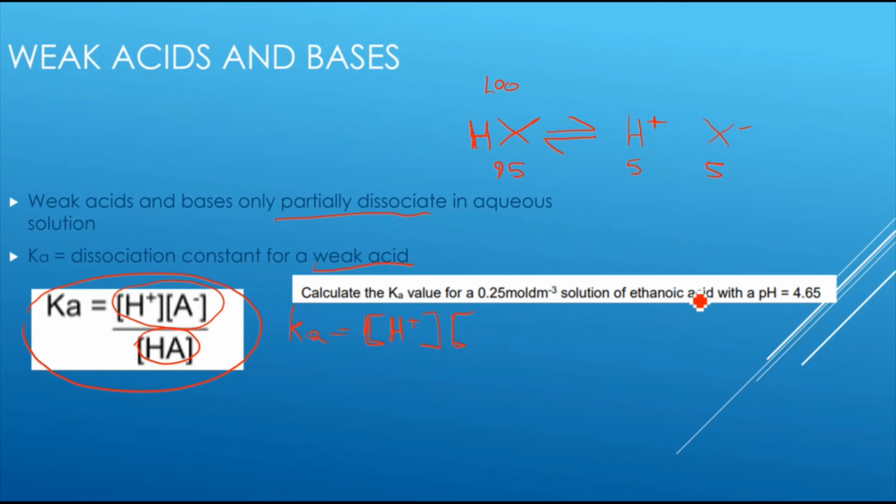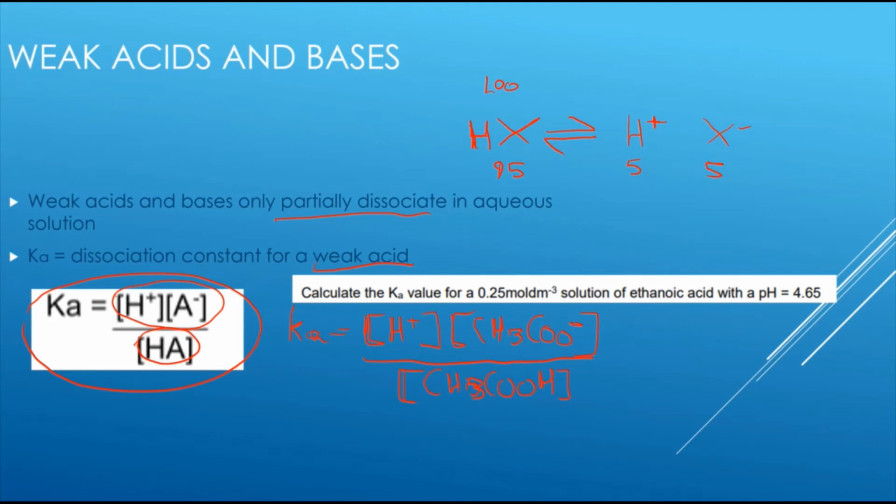In this case we're looking at ethanoic acid, so we would write CH3COO-, because we've removed that H+, and then ethanoic acid at the bottom. Remember, it's the products over the reactants. So this is our Ka, and we would normally get a mark just for writing this.